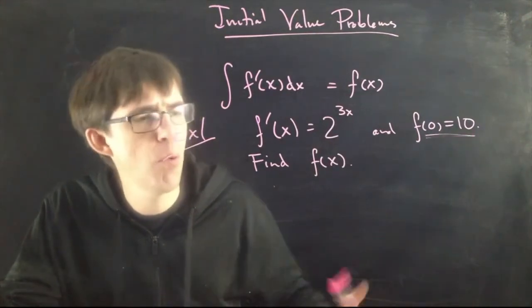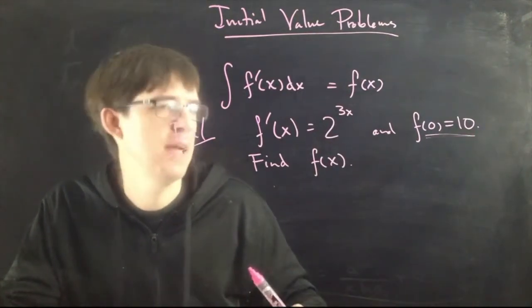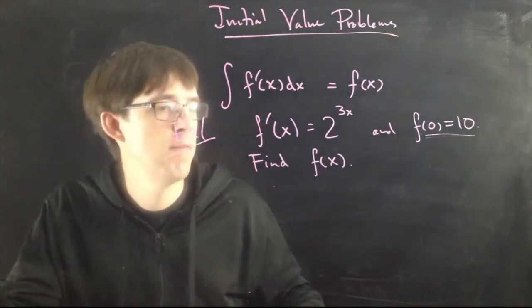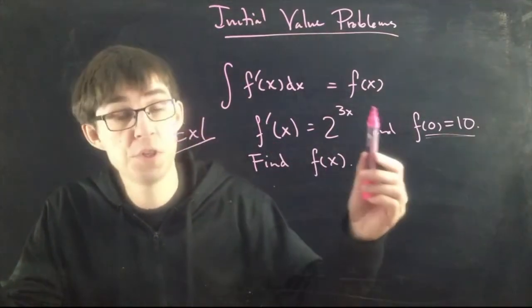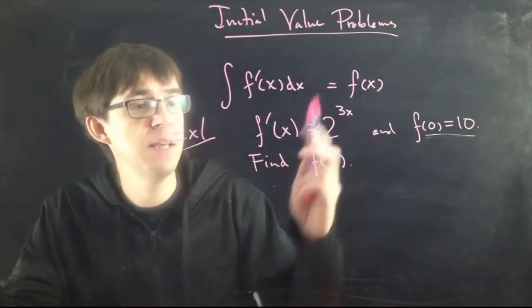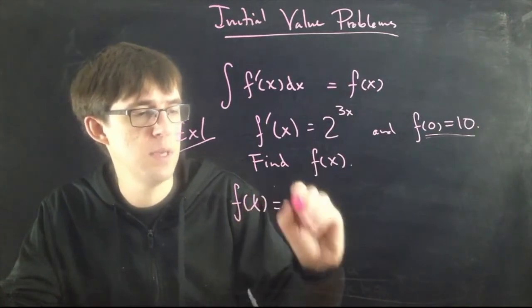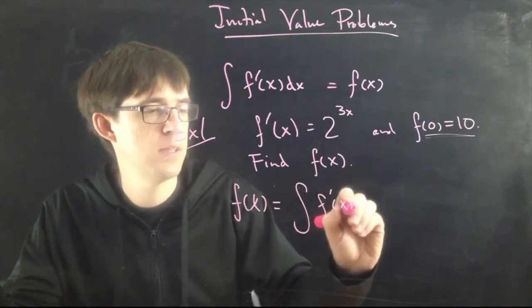You'll see why this is important. Find f of x. I gave you the derivative. Your job is to find the true value of the function. We're just going to use this basic fact. f of x is the antiderivative of the derivative. So f of x should be the integral of f prime of x dx, right?